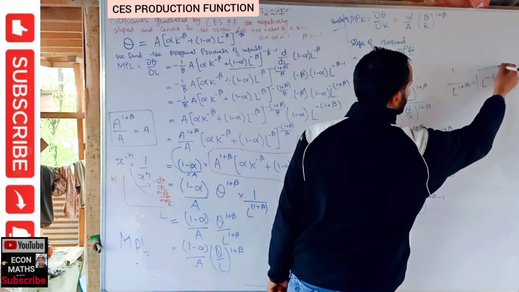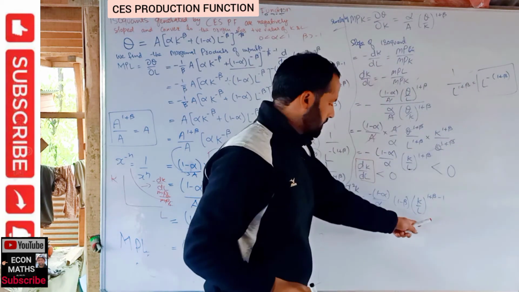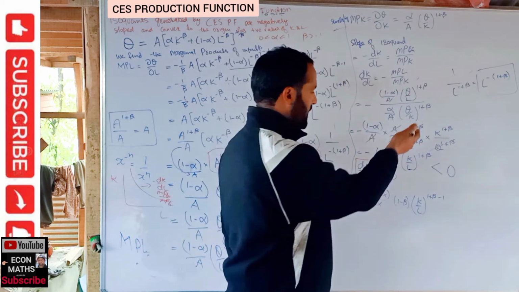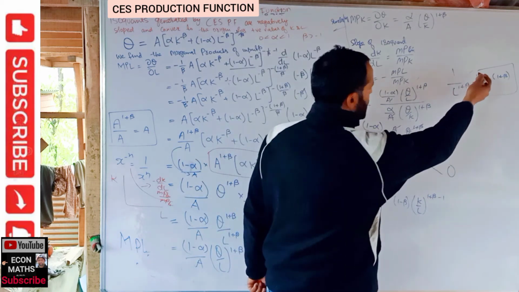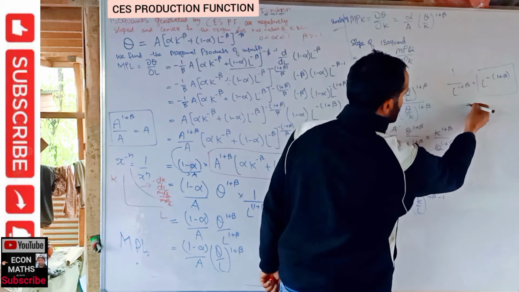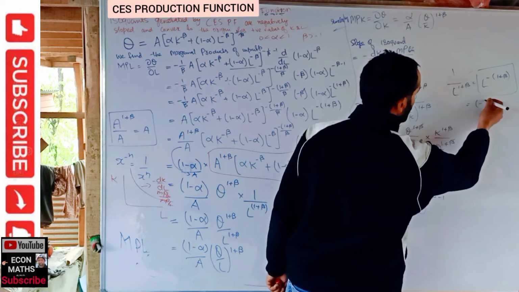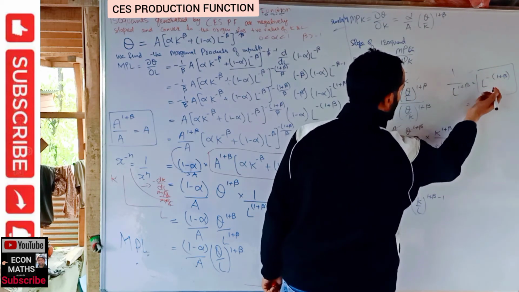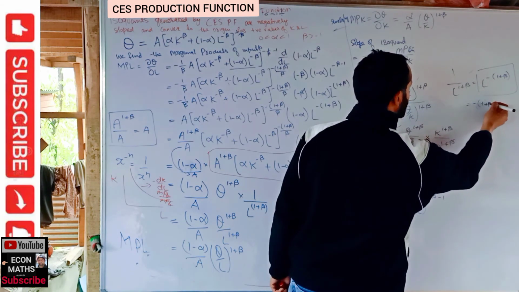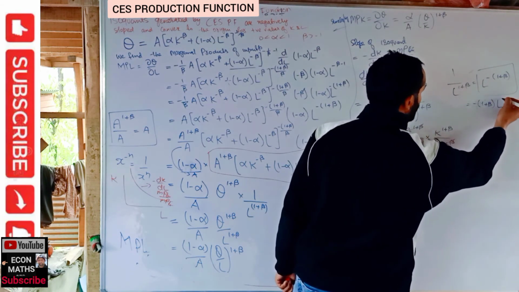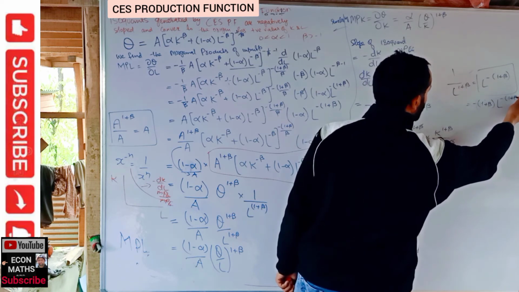Now differentiating this, I am just saving some space, so I am skipping some steps here. Differentiating this with respect to L, this will become minus 1 plus beta, L to the power minus 1 plus beta minus 1.